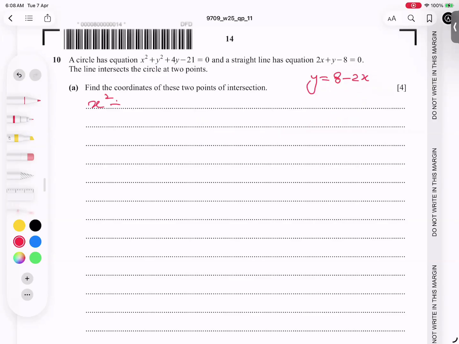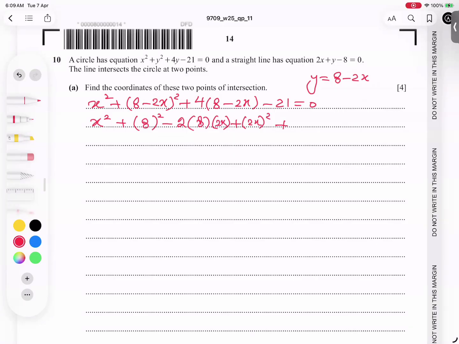x square plus (8 minus 2x) whole square plus 4 times (8 minus 2x) minus 21 is equal to 0. x square, and what is this here? Squaring identity: first term square, 2 into first term into second term, plus second term square. 8 will come in the first two brackets and 2x in the next two.